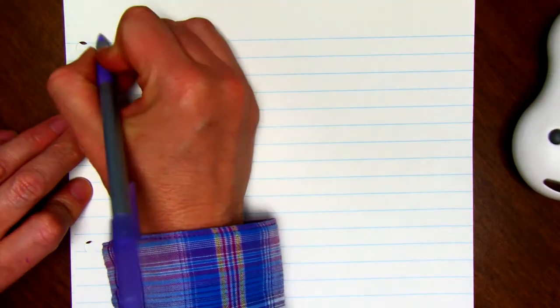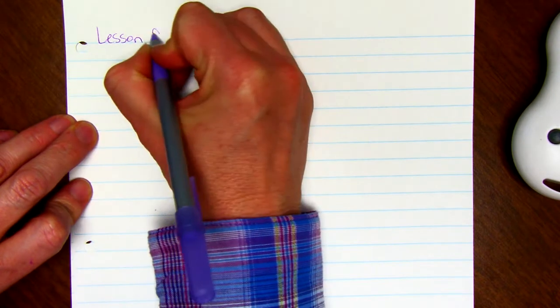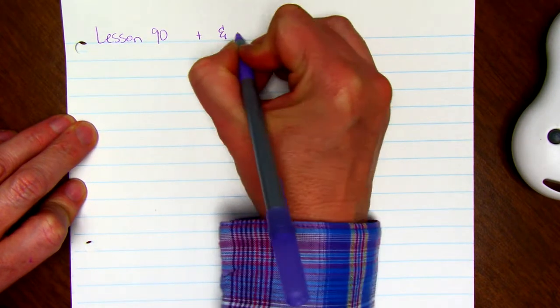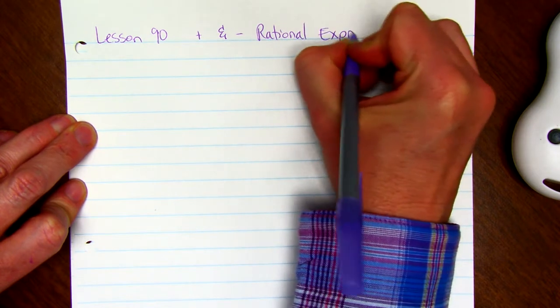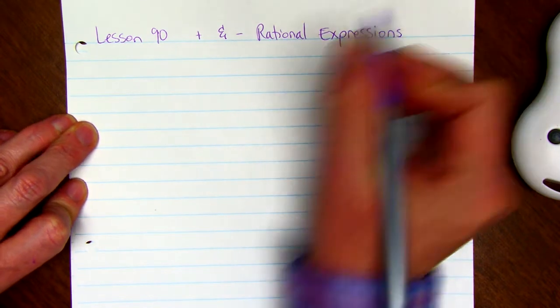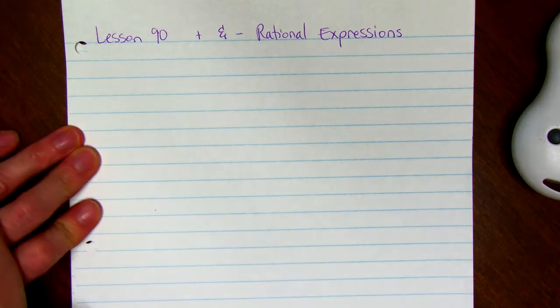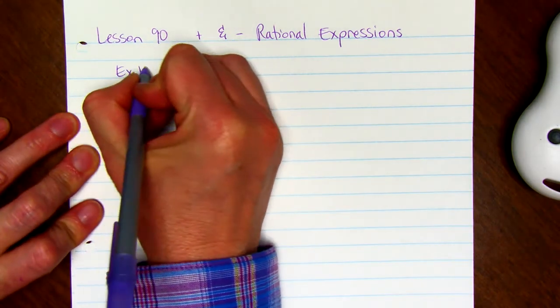Lesson 90, adding and subtracting rational expressions. Let's just start with an example.